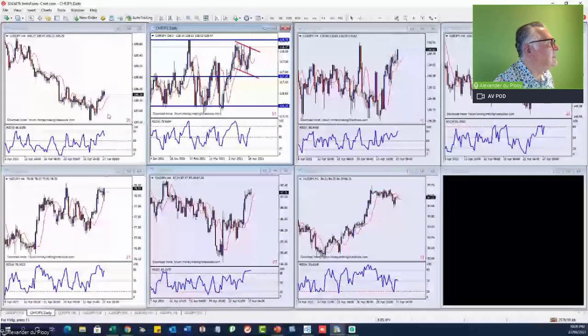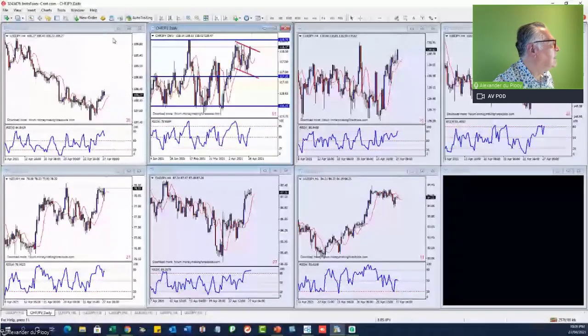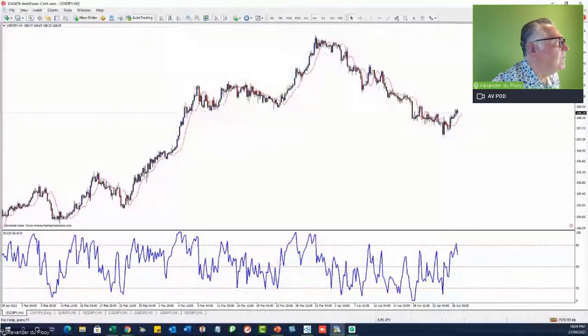Here's a very nice one. Ledge. See, this is a ledge in the direction of the trend, and there have been ledges before this.